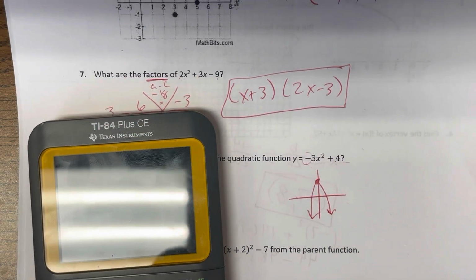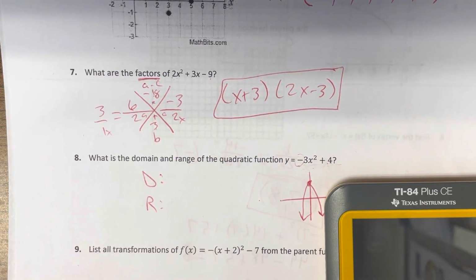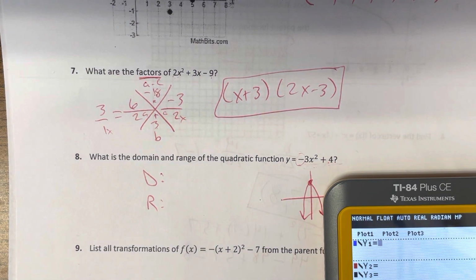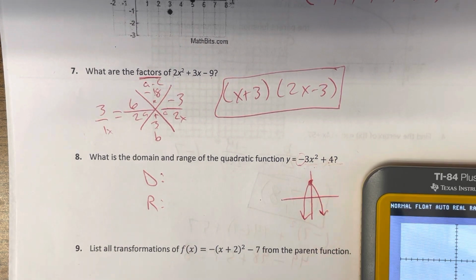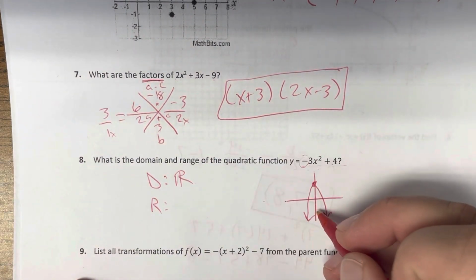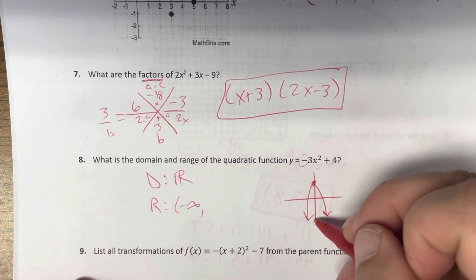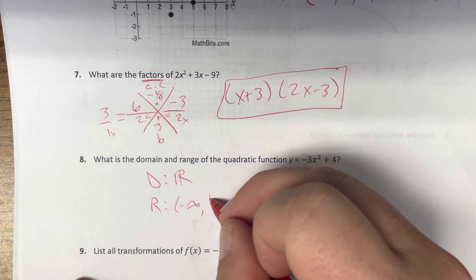I can also put it in the calculator just to see what it looks like. In my y equals, I'll put -3x squared plus 4 and graph it. And it looks pretty similar to my graph right there. So again, for a quadratic, the domain will always be all real numbers. My range starts at -infinity, goes all the way down to the bottom, and the highest point right there is 4.